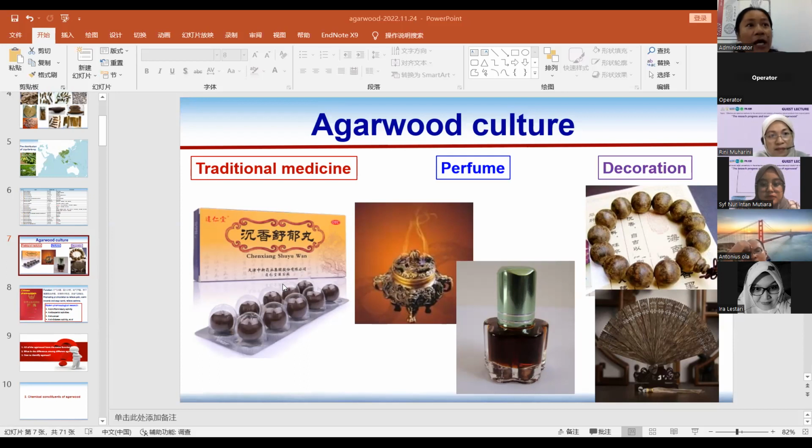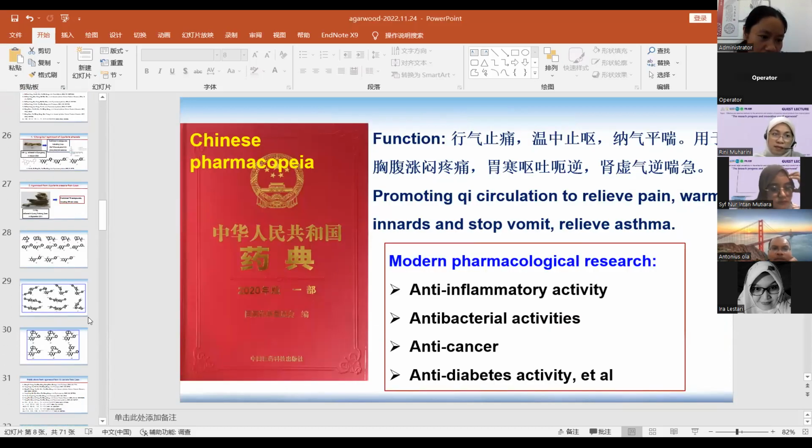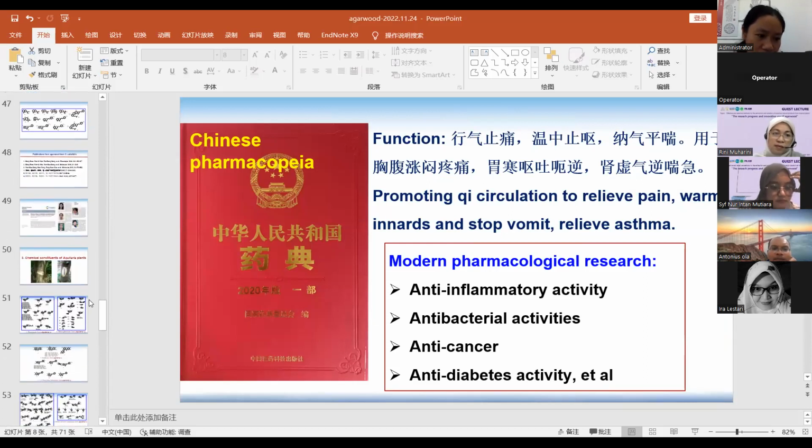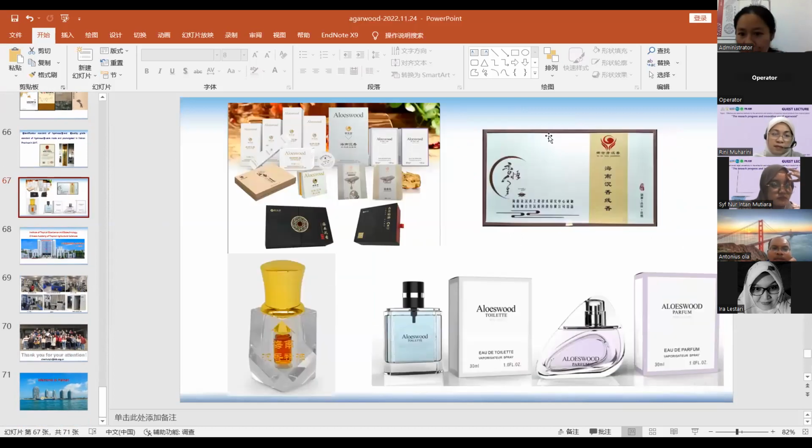This is one way. Another is, for example, because our modern life is very fast, sometimes we get nervous. So you can burn the agarwood, but not just the agarwood itself. We have agarwood products, for example, joss sticks like this. I will show you this product.